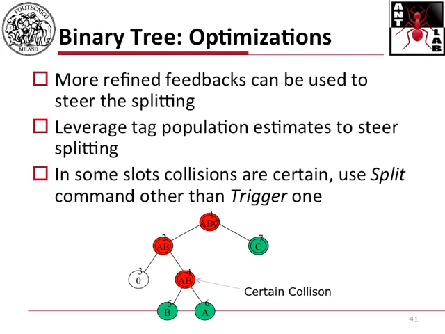So the optimization consists in the fact that if I know a priori that I have a collision in one slot, there's no reason to issue a trigger command. I would rather issue a split command straight away, because I'm sure that this slot is going to be wasted in any case, because I have more than 2 tags using the same slot.